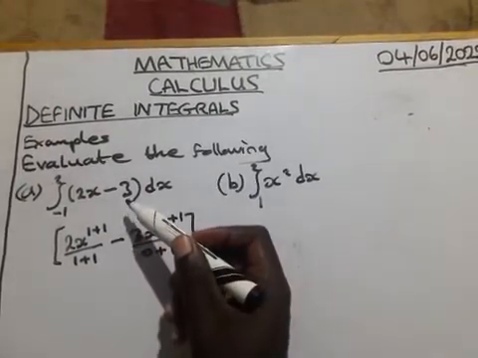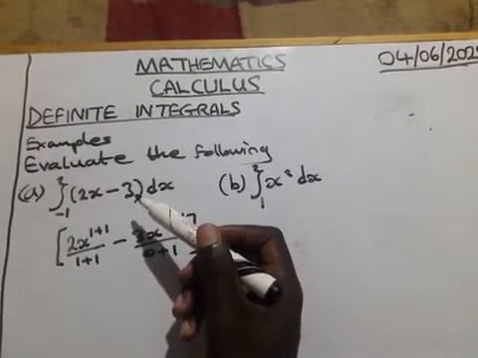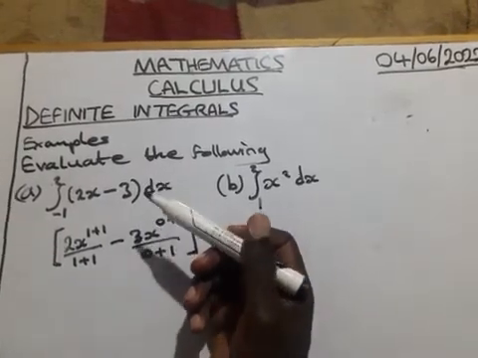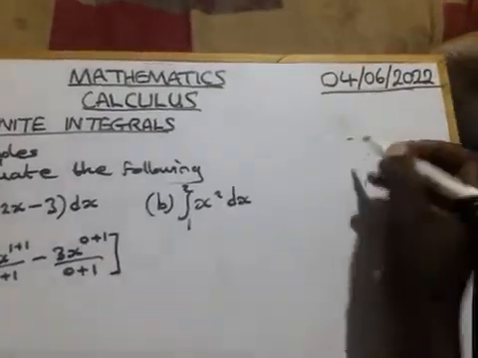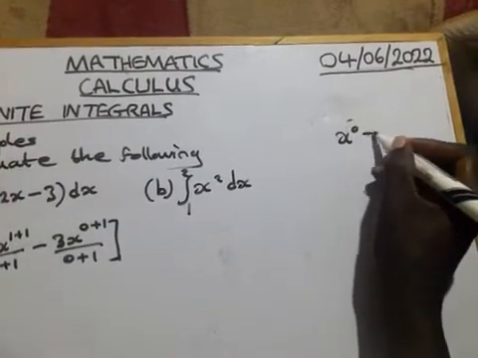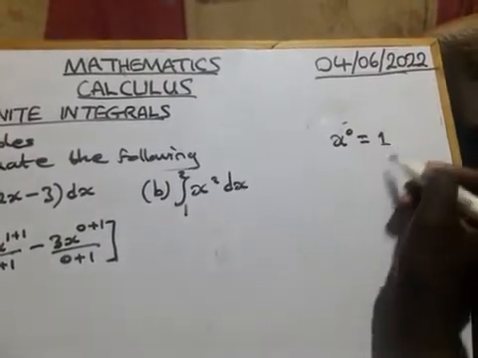Remember, a constant always has a variable x raised to power 0, because we know that any number raised to power 0, except 0 itself, is equal to 1.